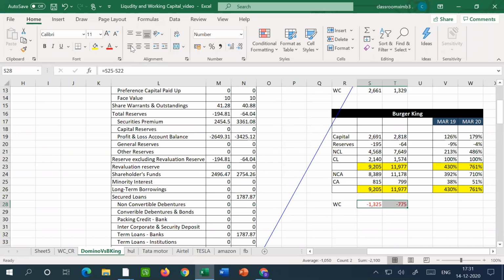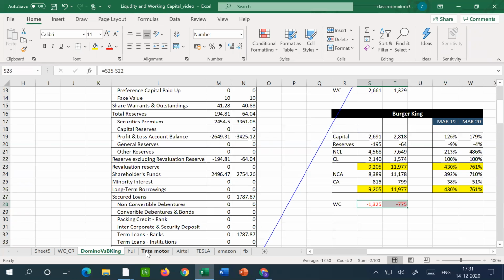It recently went for the IPO and wanted to raise equity, and there was an oversubscription of the public issue. So maybe in the next time period, in the next year, the nature of the balance sheet, the composition of the current assets and current liabilities may change.